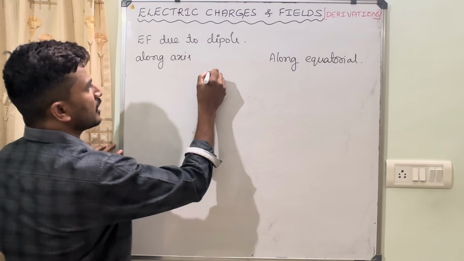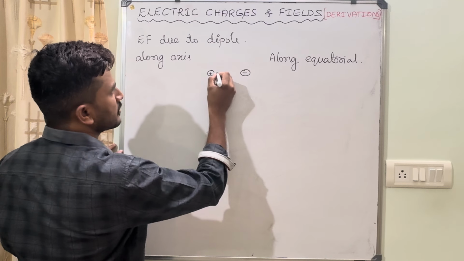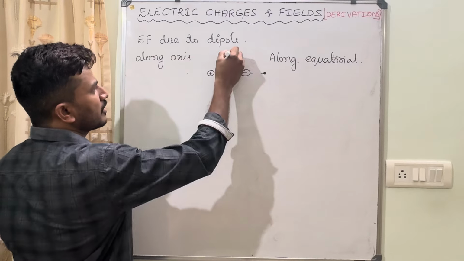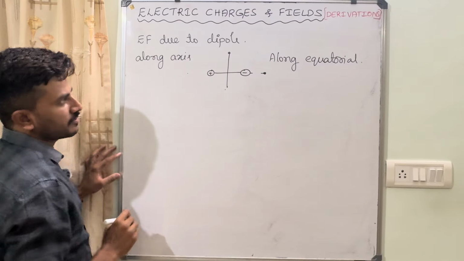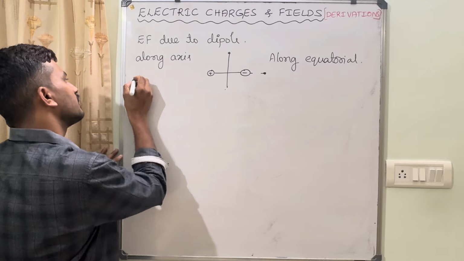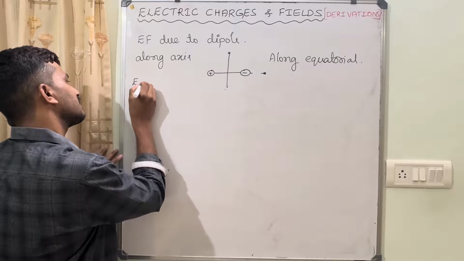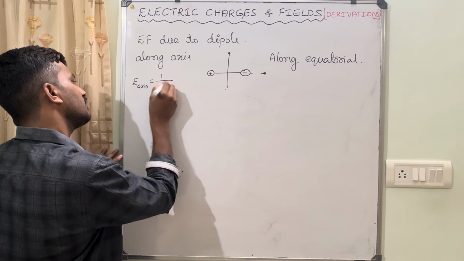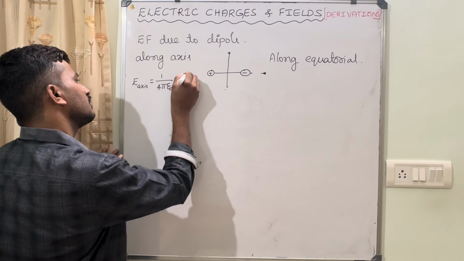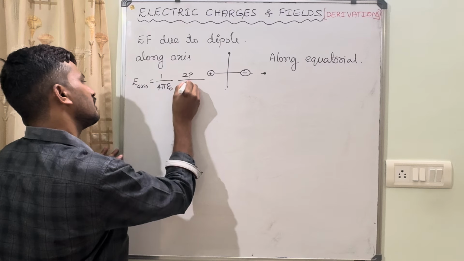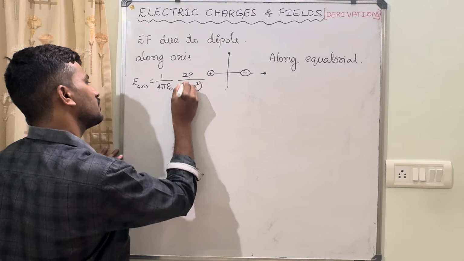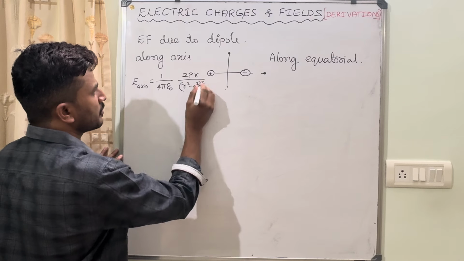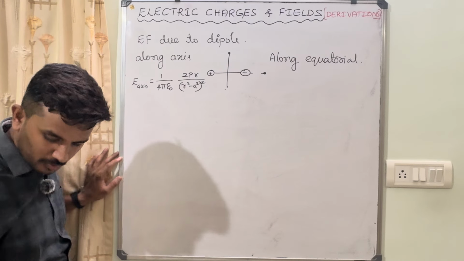So this is the dipole, plus minus, along axis here or here, along equatorial here or here, like that. So along axis, what do you get? E axis is equal to 1 over 4 pi epsilon naught 2pr divided by r square minus a square whole power 2. So this is the formula you have got.